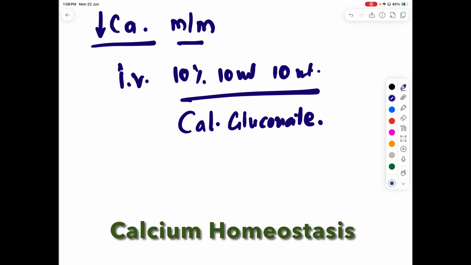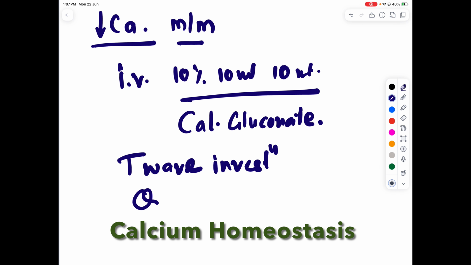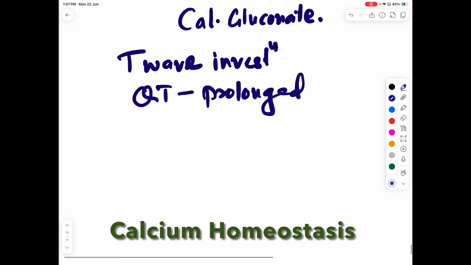On the T wave you get T wave inversion and prolonged QT. This you have to measure immediately. The most likely cause of hypocalcemia in surgery is accidental arterial injury or devascularization.